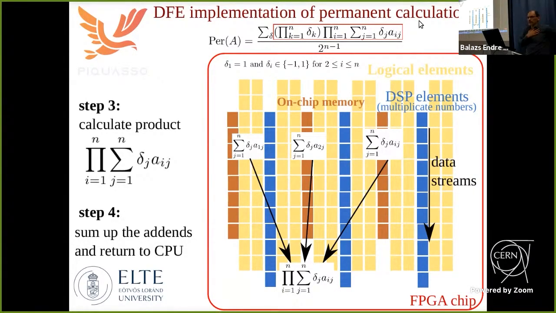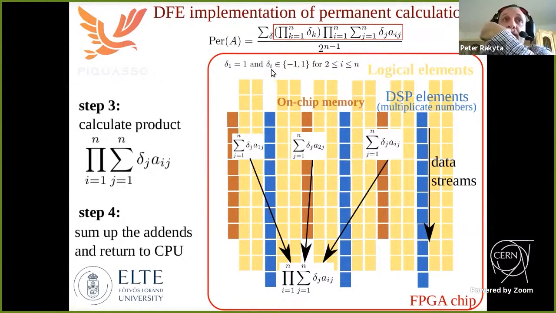The D vector is an auxiliary variable. It is a vector with elements -1 and 1, and you need to iterate this red rectangle over each possible set of these -1 and 1 values. So this is a delta vector.